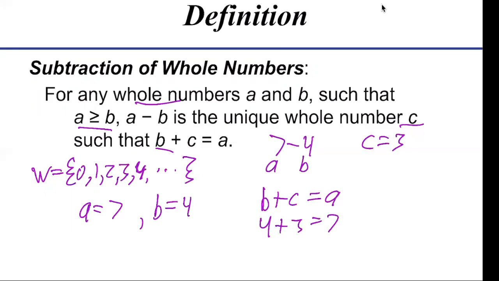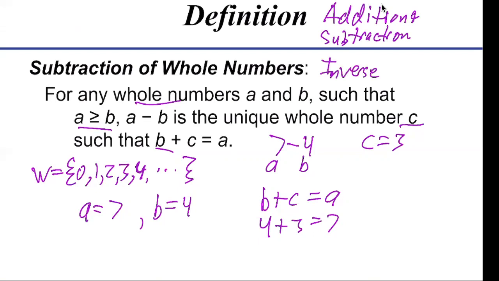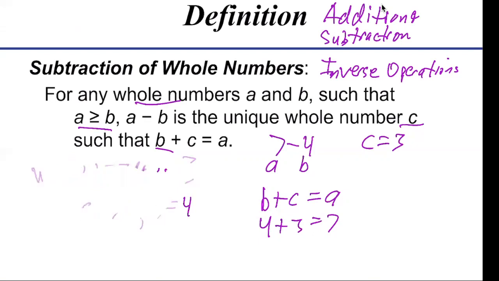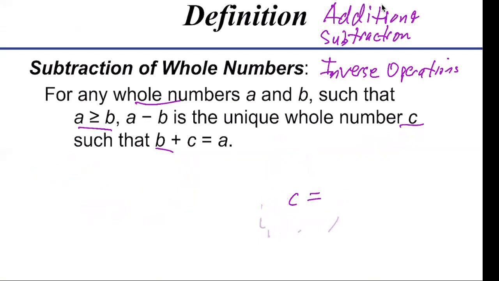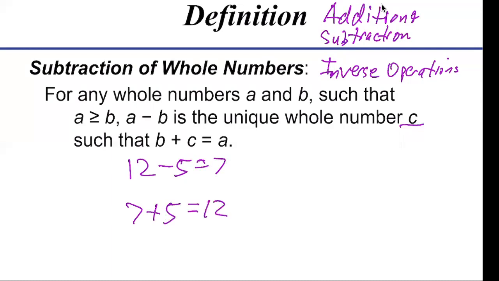So this is a rather important definition because it relates addition and subtraction. They are inverse operations of each other. So if I do 12 subtract 5 is 7, that's because 7 plus 5 equals 12.